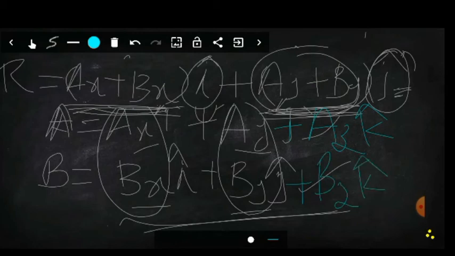Then addition means x components are added together, that is (ax + bx) i, plus y components added, (ay + by) j. Then one more term we have to add, plus this z component, (az + bz) k. That is the representation used for the z component, in three-dimensional space.